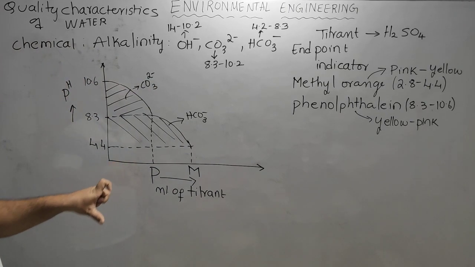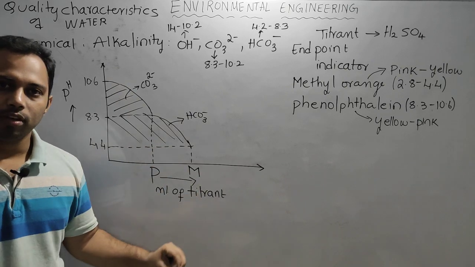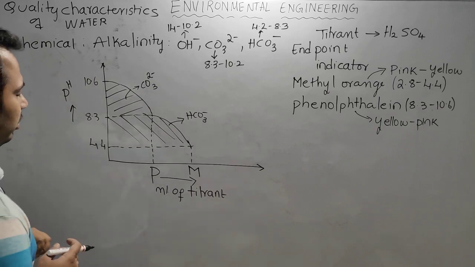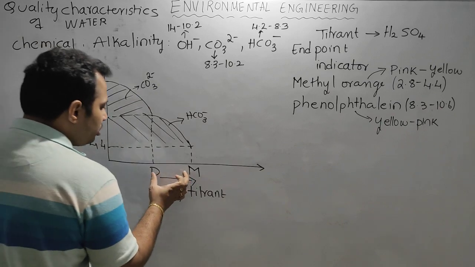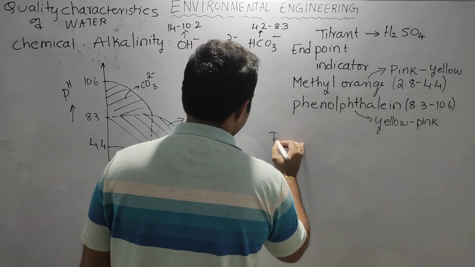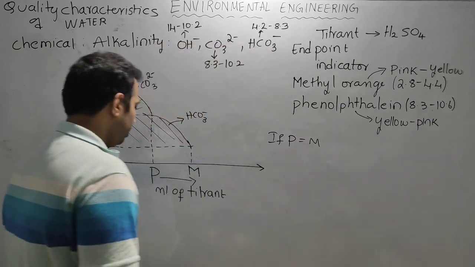Now, what is the relationship between P and M for different conditions? That is very, very important. See, the first condition, for example, P is equal to M. Listen carefully.